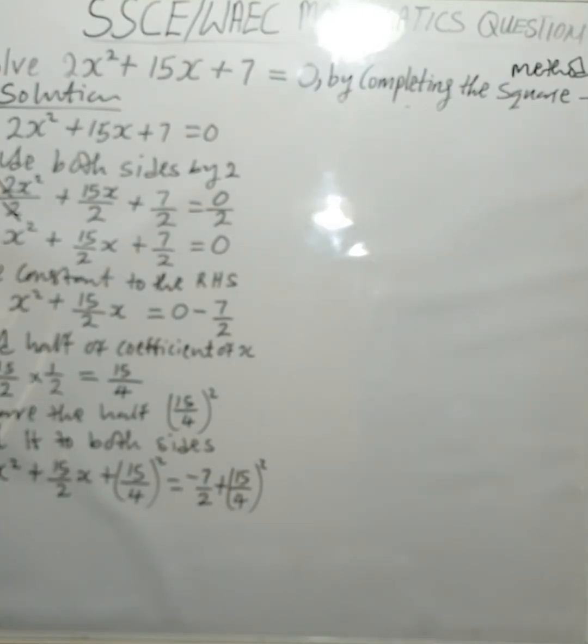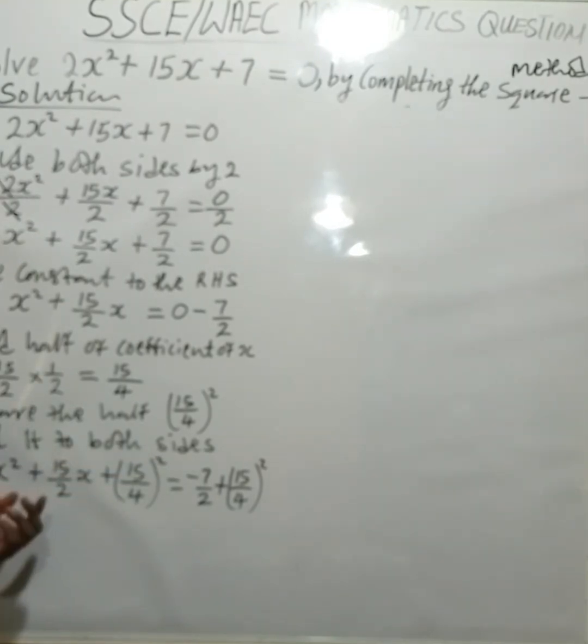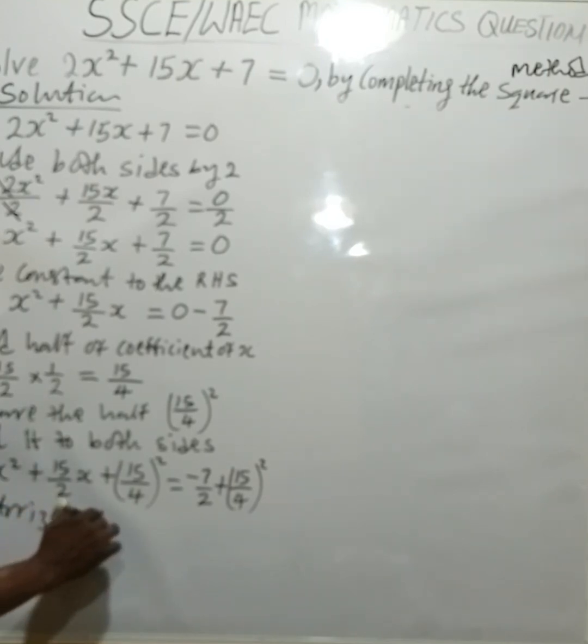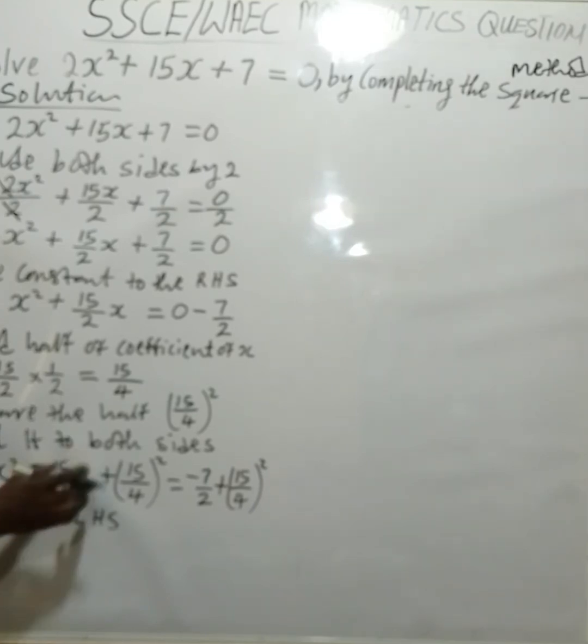So having done that, we will now consider something in the left hand side. When you look at it, we have 15 over 2, 15 over 4. So they have something in common. You will now say factorize the left hand side. When we factorize the left hand side, this one now we take it out.